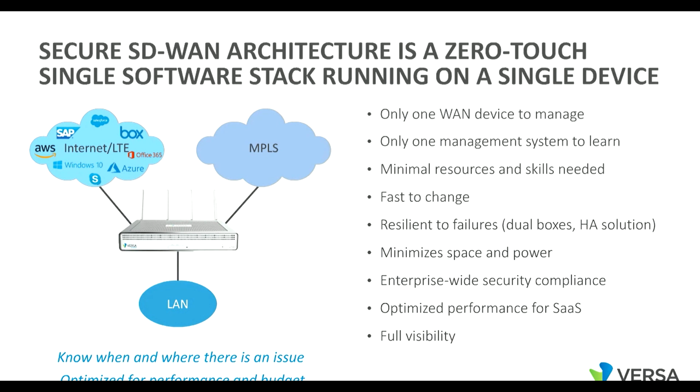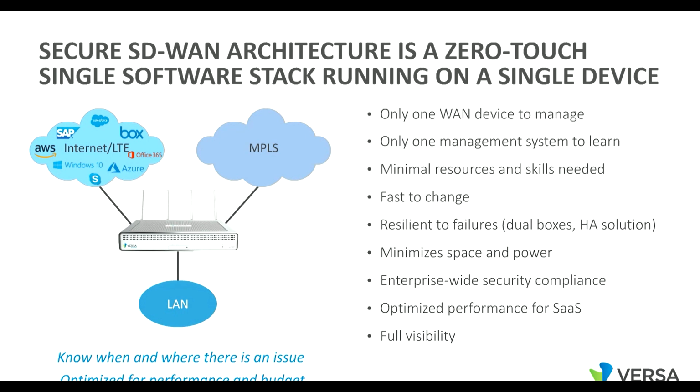Now, what does this secure SD-WAN solution, where it is a single package, give you? It gives you one WAN device to manage. It gives you one management system to learn, no more multiple management systems to learn. It is also optimized for performance, and we'll get into why.